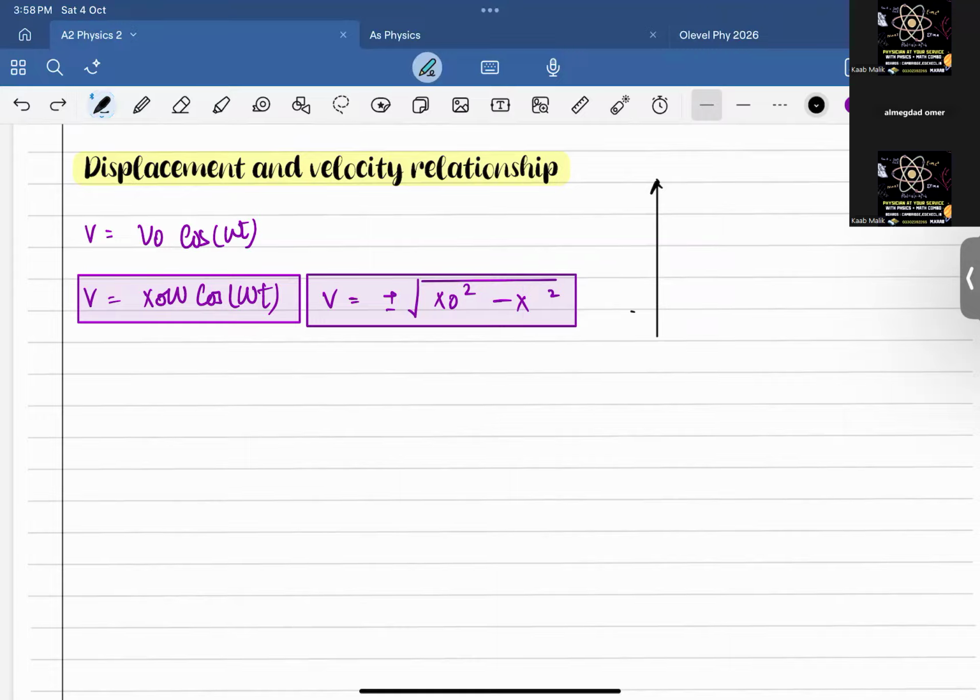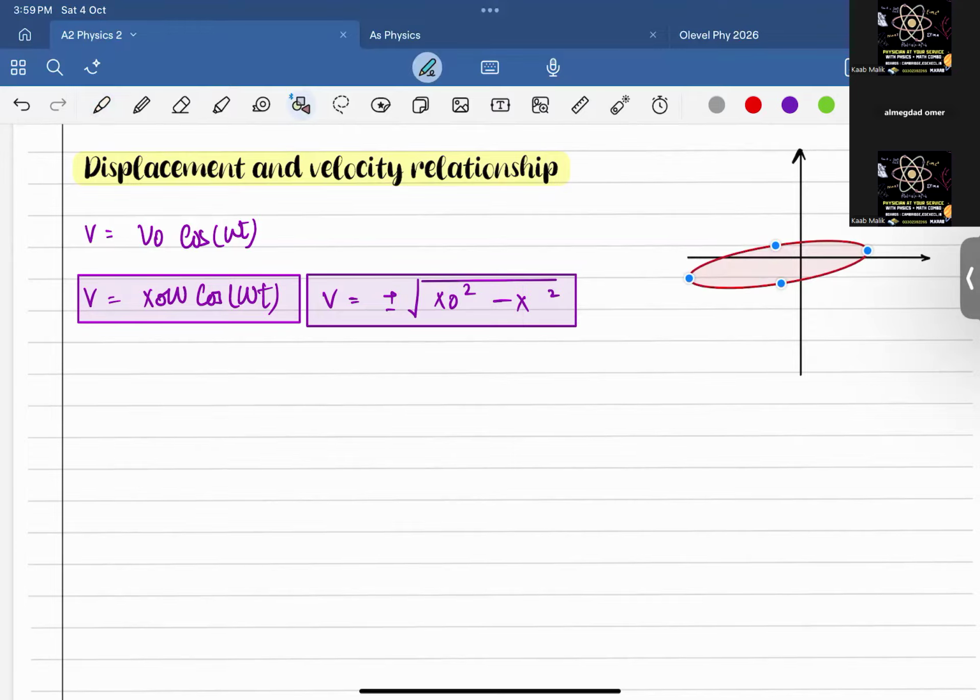The relationship between the velocity and the displacement is more like elliptical, okay? And it's not from the complete circle, it's from the elliptical shape. Let me explain it a bit. Wait, sorry, it's not that correct.